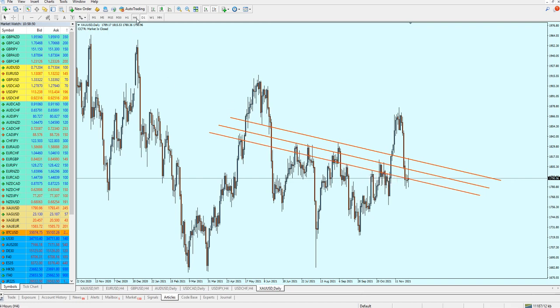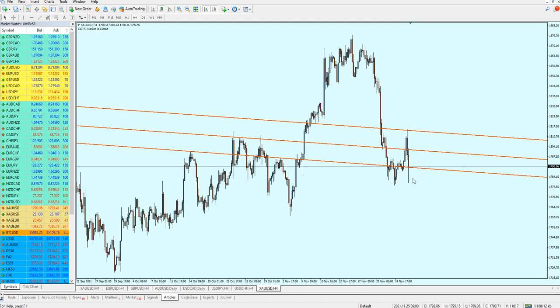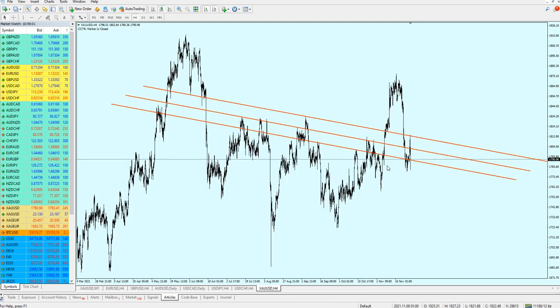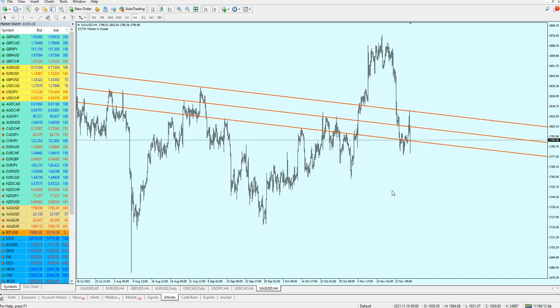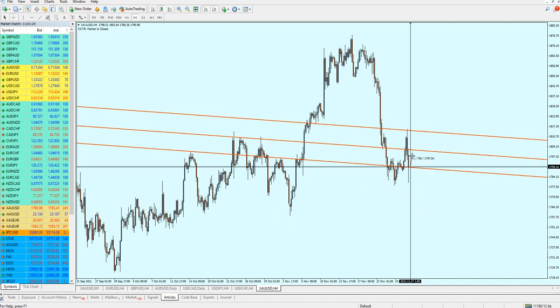On the 4-hour time frame, the pair has actually reached the lowest level of the support. So the gold reversed from here. Now most likely it will again reach the resistance trend line. Let's go to the 1 hour time frame.